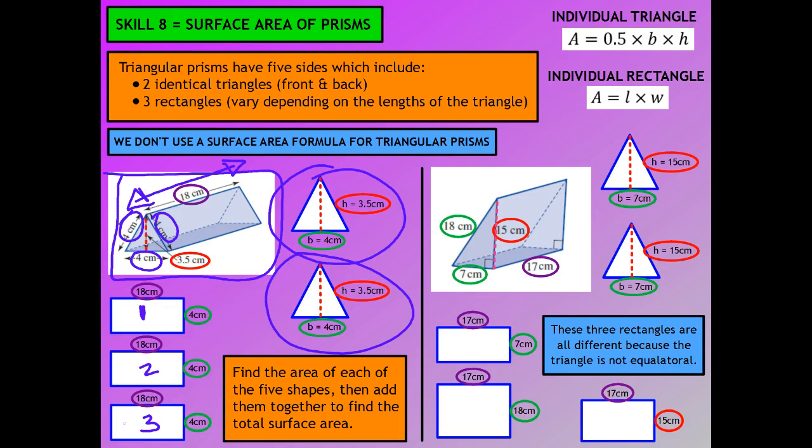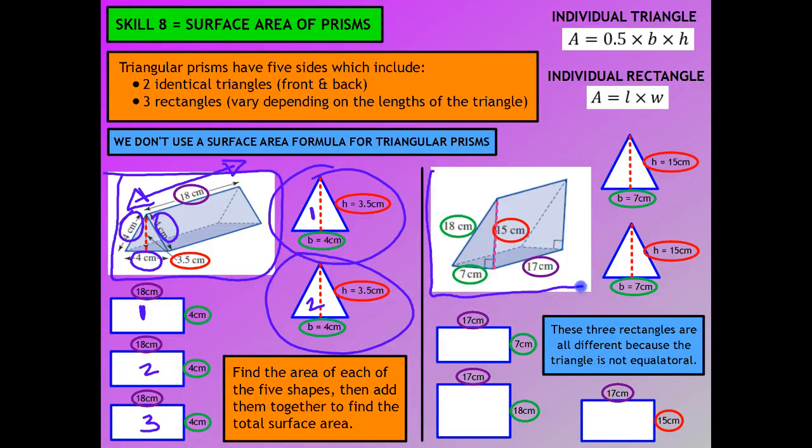If you want to find the total surface area, there's no formula. You just need to find the area of each rectangle, 1, 2, and 3, and the area of each triangle, 1 and 2. If they're the same, you can find the area of one rectangle and then multiply it by 3, but they won't always be the same.